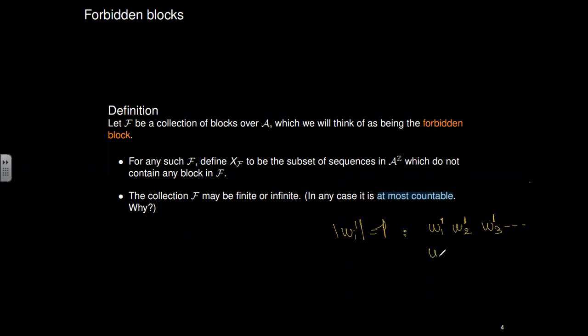And here W1,2, W2,2, W3,2, and so on, such that the length of Wi,2 is equal to 2, for i equal to 1, 2, and so on.